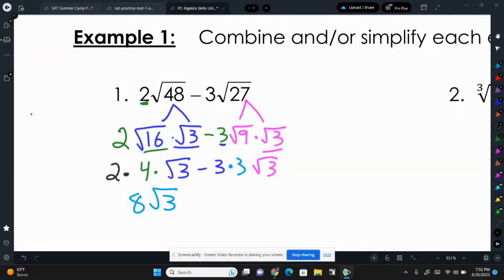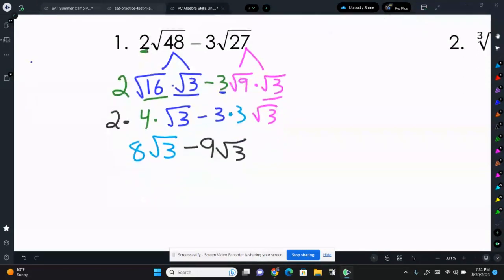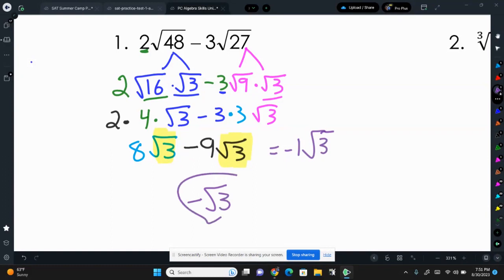So then this part can be simplified to minus 9 times the square root of 3. Well, now that our radicals are exactly the same, this is going to equal negative 1 times the square root of 3, or just negative square root of 3.